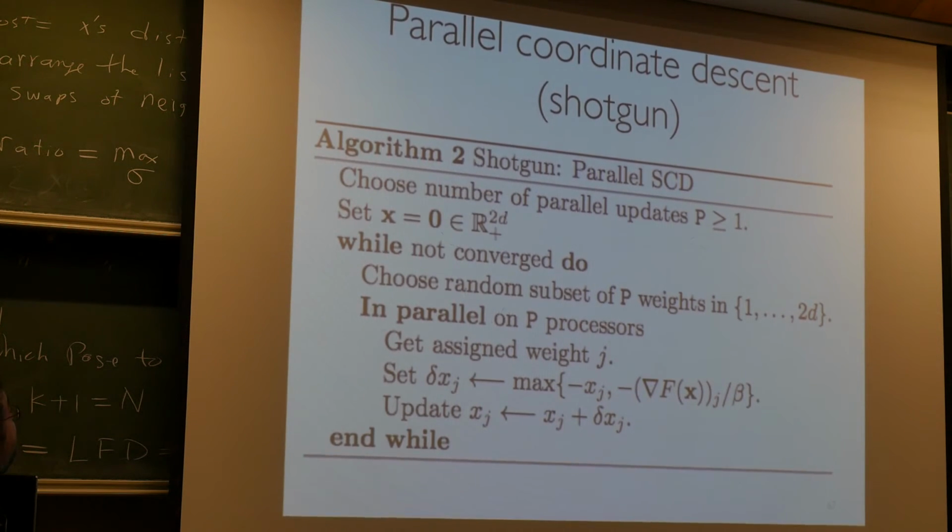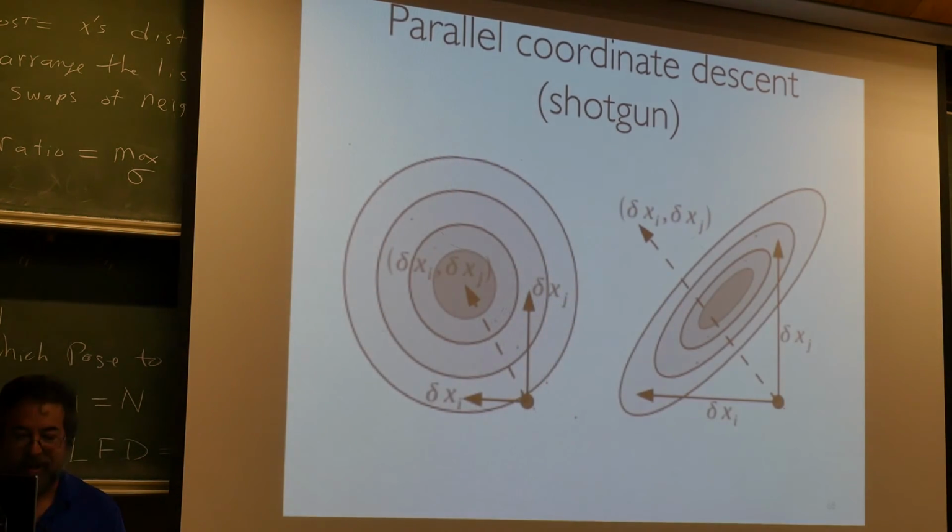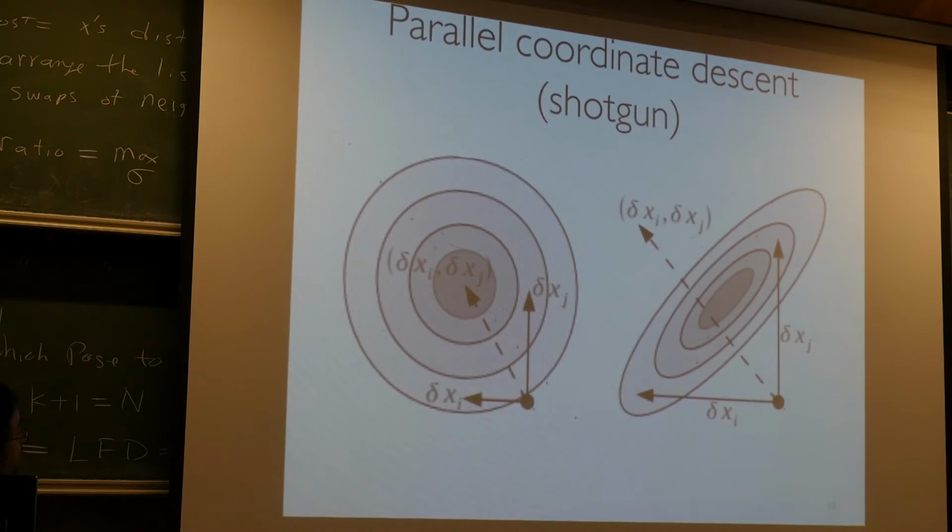Here's a little picture that shows what you're doing here. In normal coordinate descent, you compute the gradient of one feature. Let's say you're here, and we've got two features, x and y. We compute the gradient of that one feature, keeping the other one fixed, and we move there.